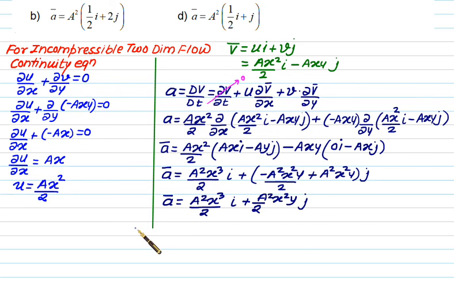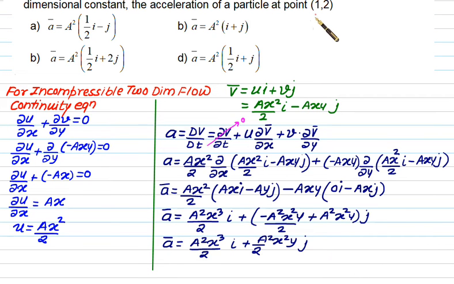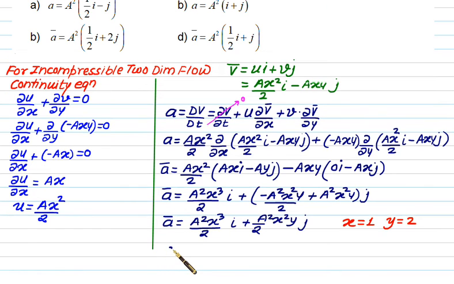We are interested in the acceleration vector at point 1, 2. So we have to put x equal to 1 and y equal to 2 and solve this, and then we'll check our correct choice. So we have a bar equal to a square, x cube is 1, divided by 2 times i, plus we have a square divided by 2, x square is 1, y is equal to 2, so 2 and 2 will get cancelled.